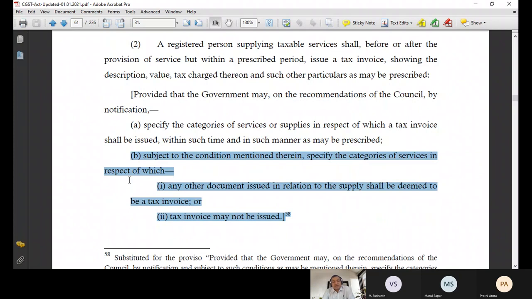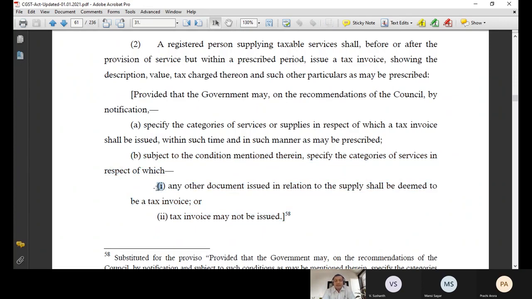Subject to the condition mentioned therein, specify the categories of services in respect of which. Now in this case, the government is not telling the supplies, the government is telling by name those services where even if a tax invoice is not there, any other simple document will be treated as equivalent to a tax invoice.